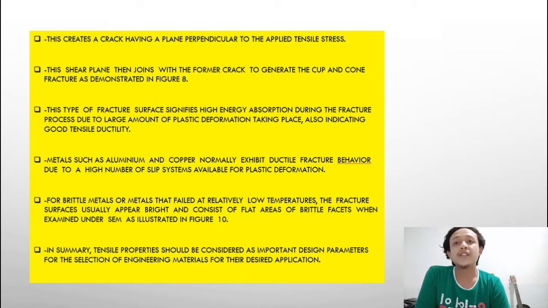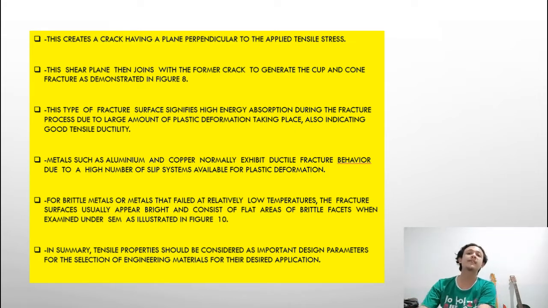This type of fracture surface signifies high energy absorption occurring during the fracture process due to a large amount of plastic deformation taking place, also indicating good tensile ductility. Metals such as aluminium and copper normally exhibit ductile fracture behavior due to the high number of slip systems available for plastic deformation.